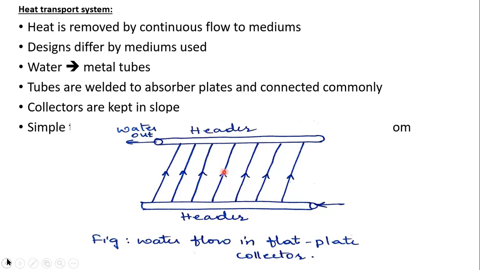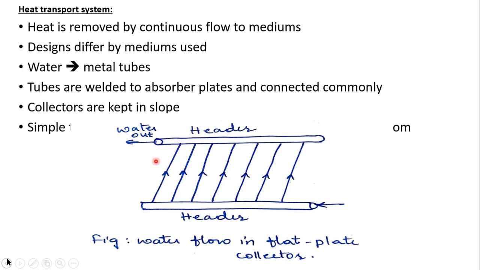Flowing upwards through the tubes, the water is warmed by the absorber, and it leaves by the top header. So water enters here and flows through the tubes.